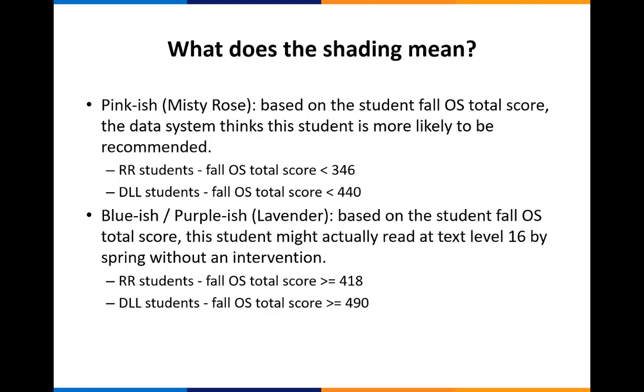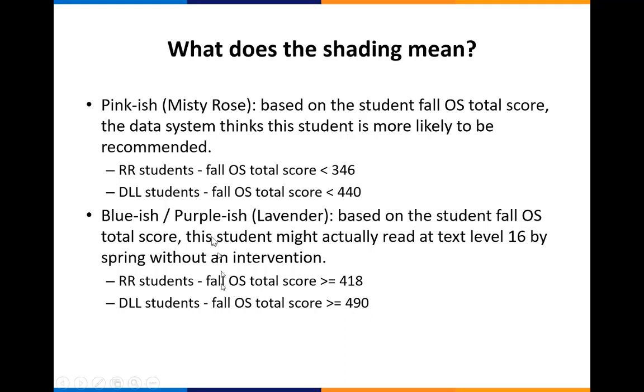Specifically for RR students, it's shading the kids who have a fall OS total score greater than or equal to 418. These kids will probably reach a text reading level 16 without an intervention by the spring. For the DLL kids, it's the kids who have a fall OS total score greater than or equal to 90.